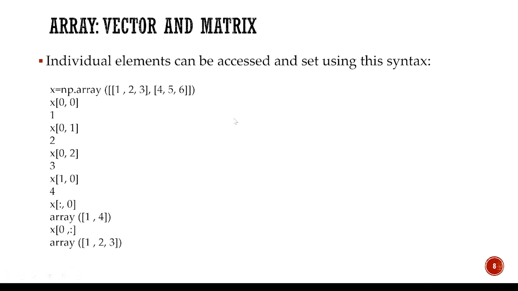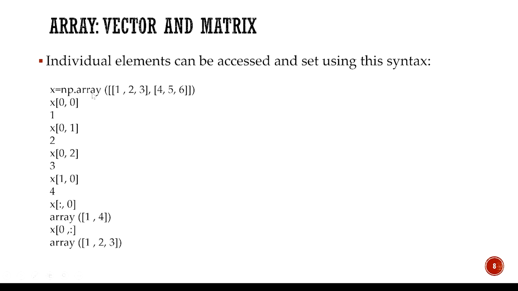Now here, individual elements can be accessed and set using this syntax. There are several examples. So we discussed how we can update values in a vector. Now we can update values in a matrix, but we need two input arguments. The first one represents rows. Which rows? And the second one is columns. So by default, the first row is 0 and the first column is 0.